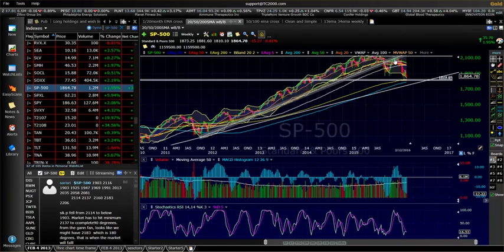Why is this so important? Why is it so important to identify areas of support and resistance? Well, it's going to help you identify your risk and your reward. It's going to help you anticipate where you may want to go long.